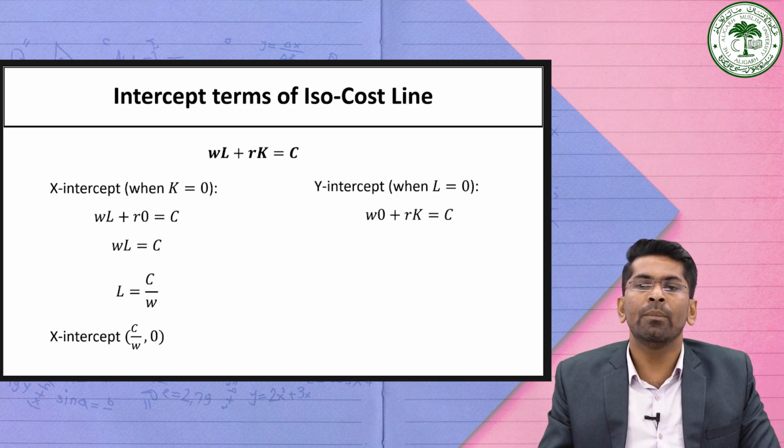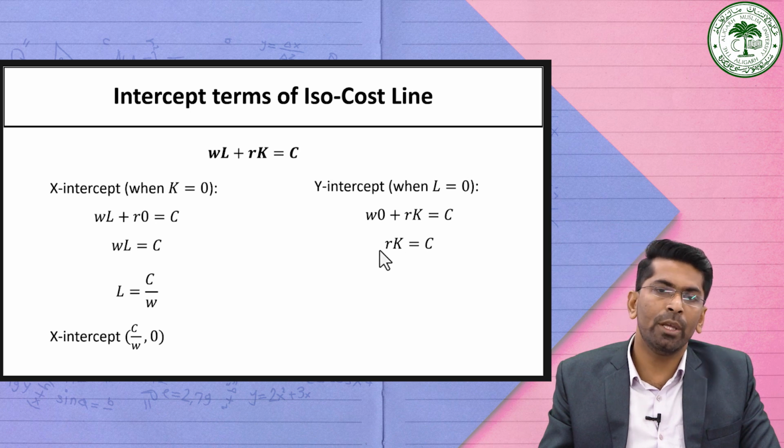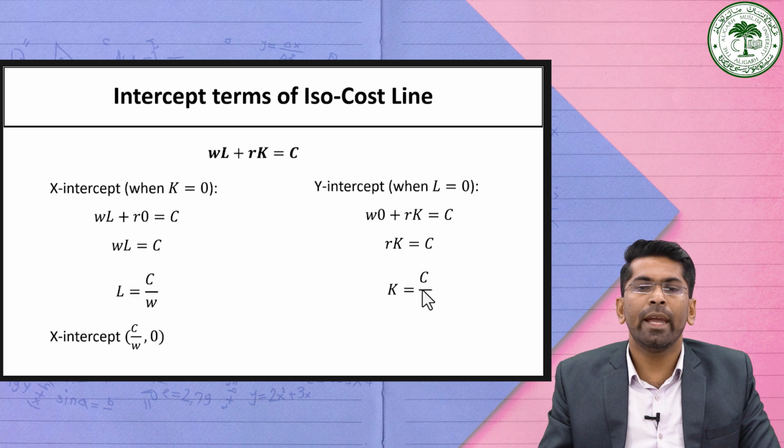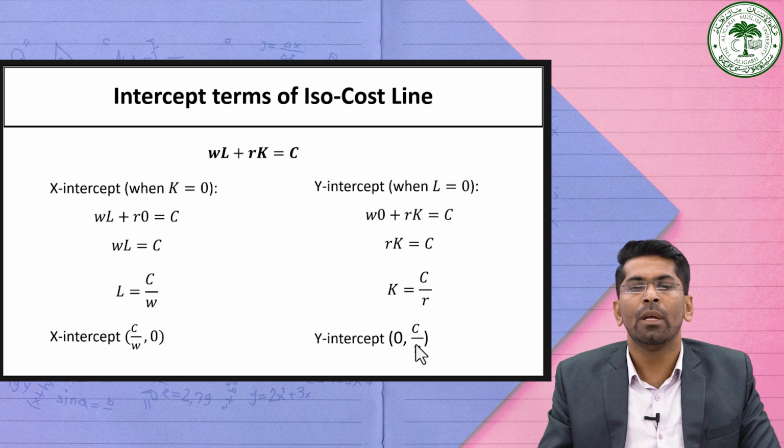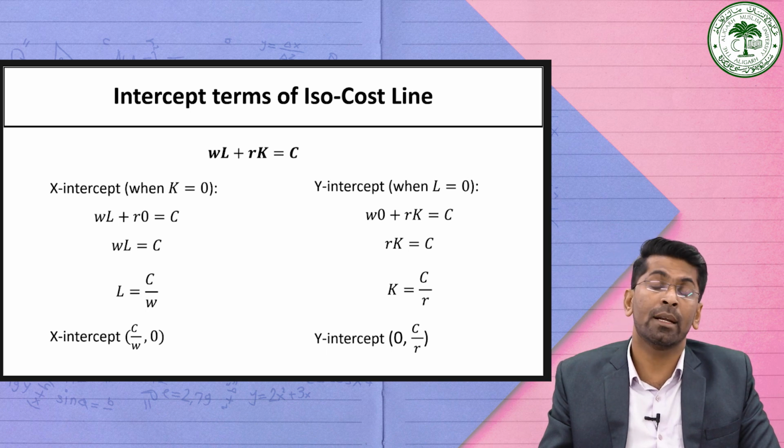Putting L equal to 0 in the isocost line, we get W into 0 plus R into K, which is equal to C, where C is the total outlay. Simplifying, RK is equal to C. Dividing both sides of the equation by R, we get K is equal to C upon R. So when labor is equal to 0, the y-intercept term is C upon R. These intercepts represent the points where the isocost line crosses the x-axis and y-axis respectively.